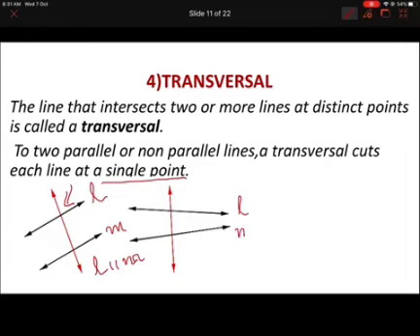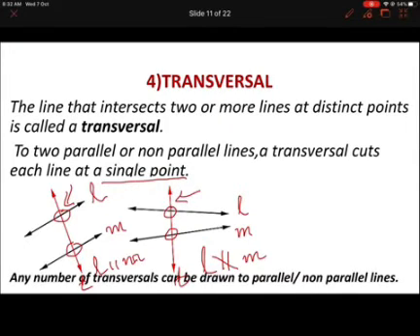Here, L and M are not parallel to each other, but this is the transversal. Let us call it T. In both cases, it's cutting each line at a single distinct point. So when a transversal cuts two lines, angles are formed. That's what we are going to learn next.